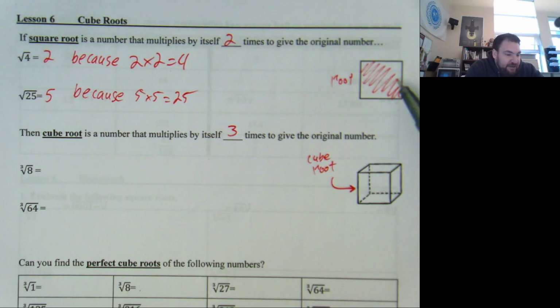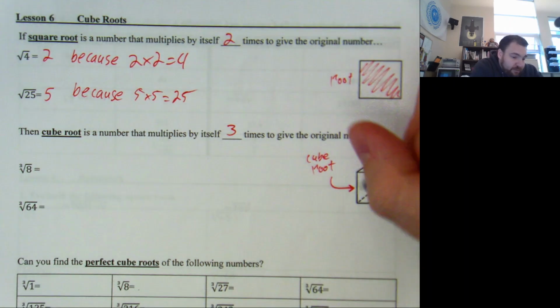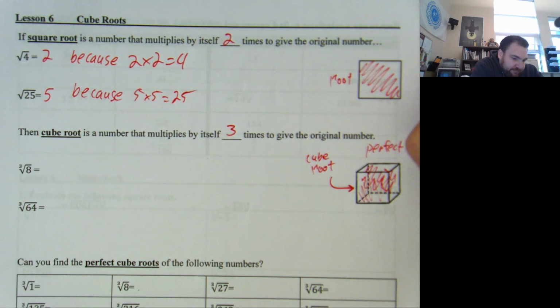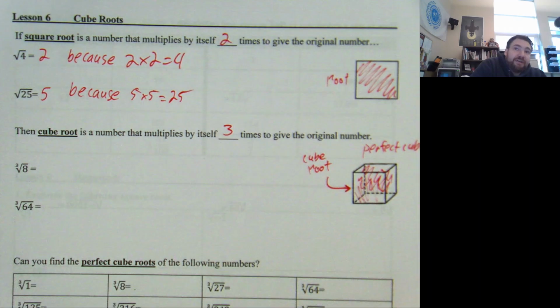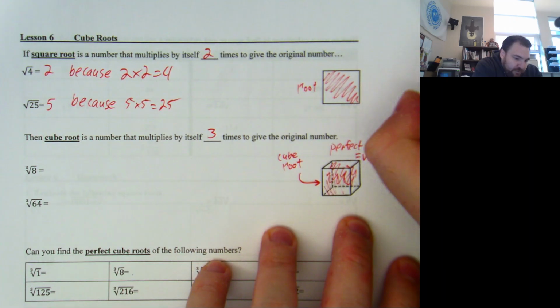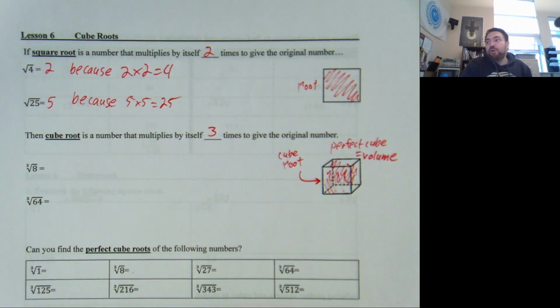But instead of the square giving you the area, the cube is going to give you, what is the side times another side going to give you on a cube? The volume. So the perfect cube is the volume of a literal cube.